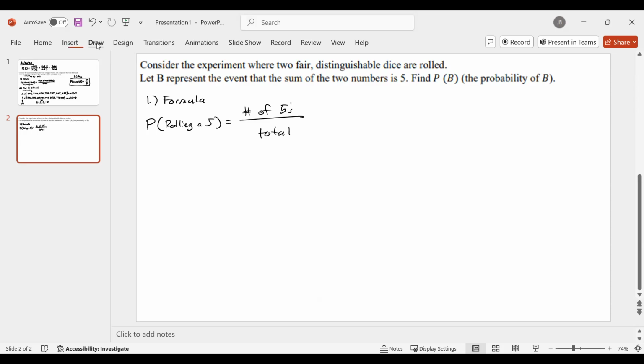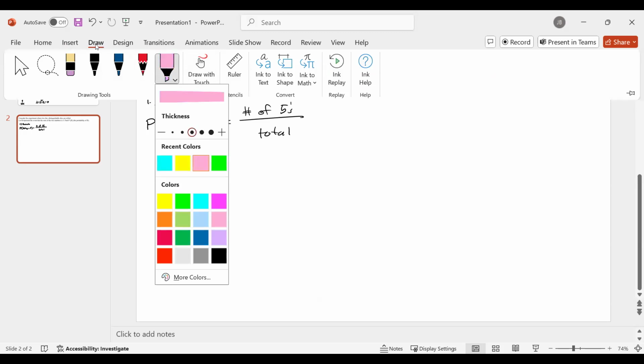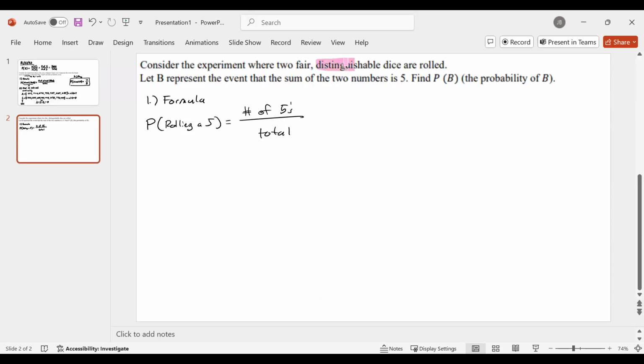Now, a key word here that you have to pay attention to, and honestly, I don't think you have to worry about the other case because they don't really like to do it: distinguishable. That means each dice is different. You can tell the difference between them. If it was indistinguishable, this would make the problem a little bit more interesting because you'd have to basically get rid of any duplicates, but you don't have to worry about that. Okay. So we have that.